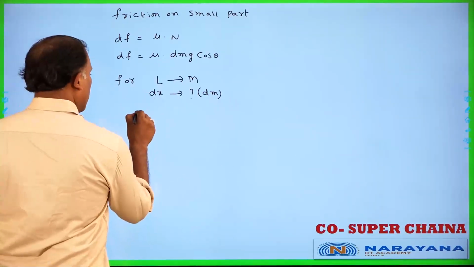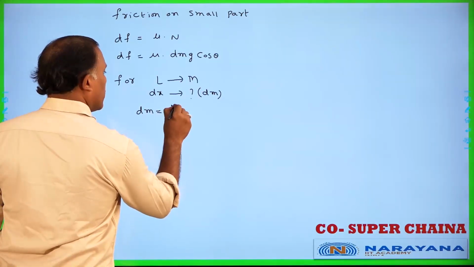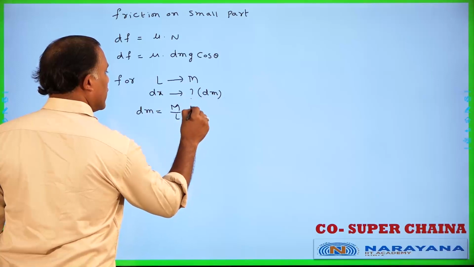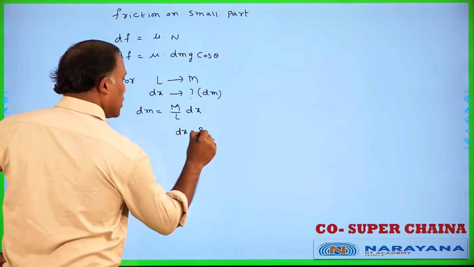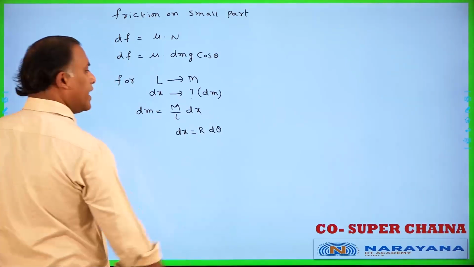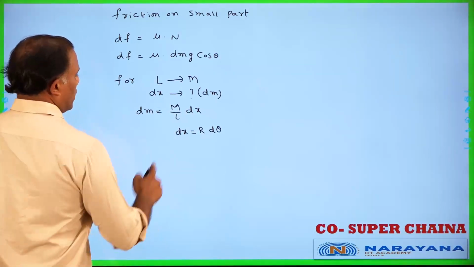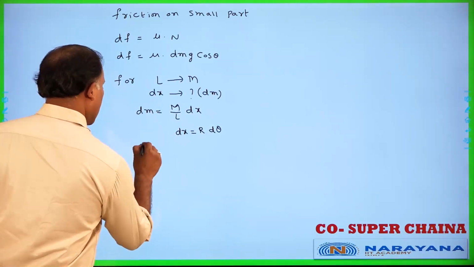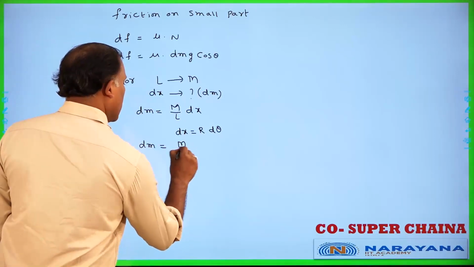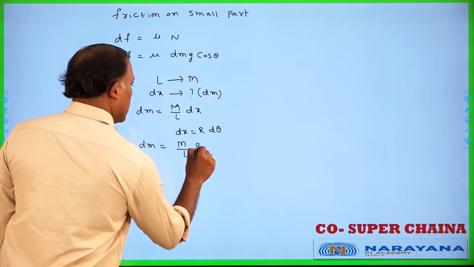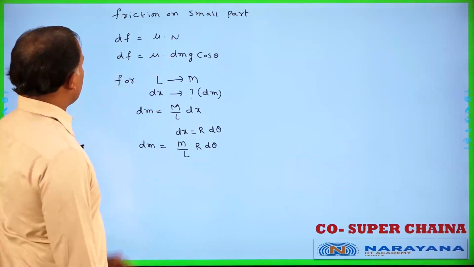So dm will be equal to m by L into dx. And then dx will be equal to r into d theta, where r is the radius. Let me substitute: dm is equal to m by L into r into d theta. Now I am substituting this dm value there.